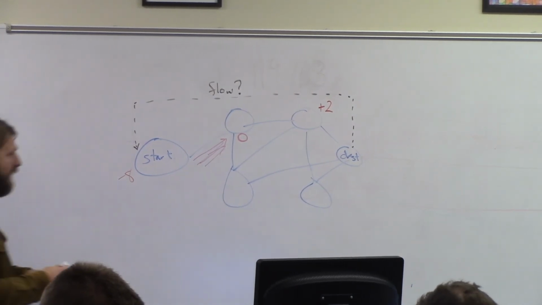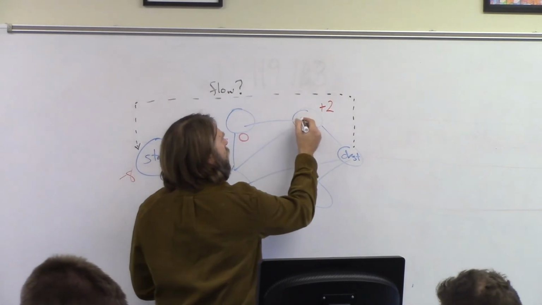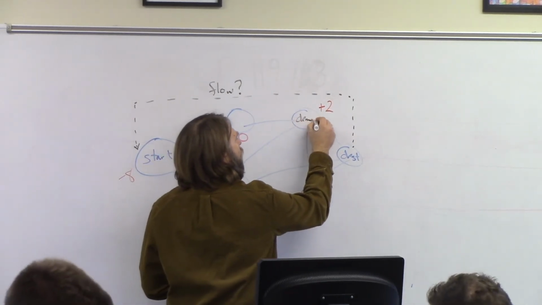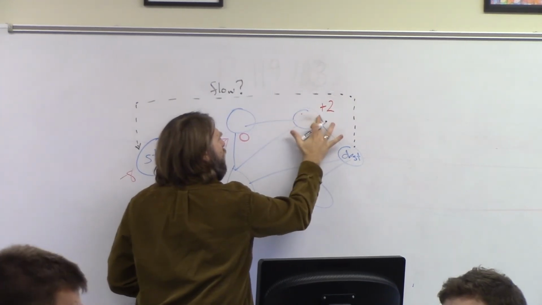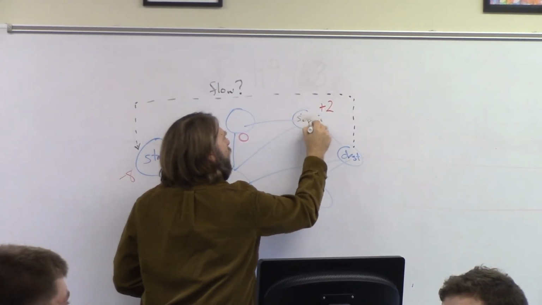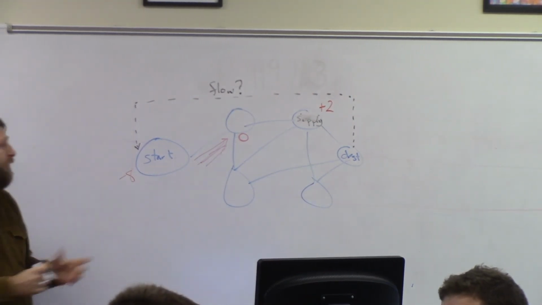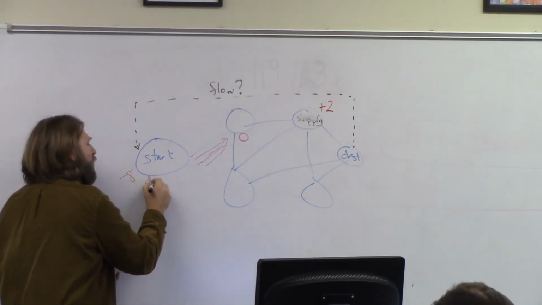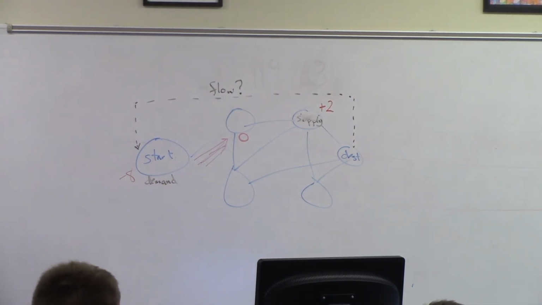Okay? You can kind of think of this as being like a supply node, because we have excess capacity. And we can think of this as being like a demand node because we need capacity.